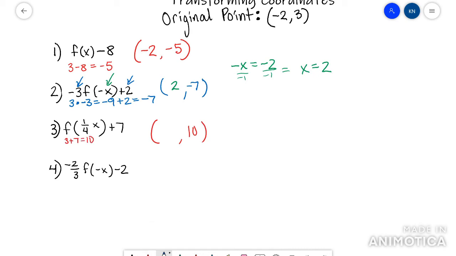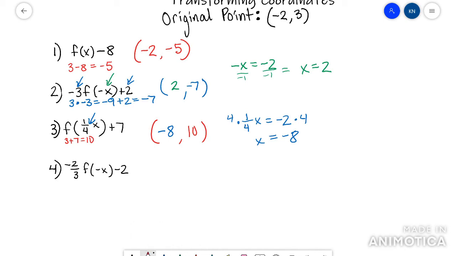Okay, and now the x part of it is you take this 1/4 x and you set it equal to your original x of your coordinate, which was -2. Solve this, so times by 4. You get x equals -8. That's the new x of that coordinate.